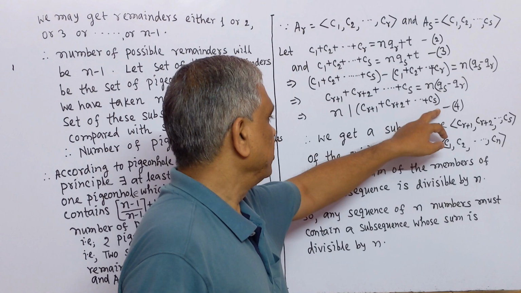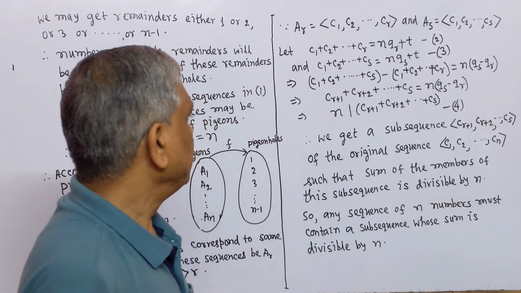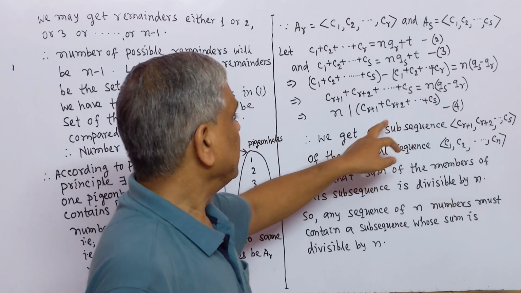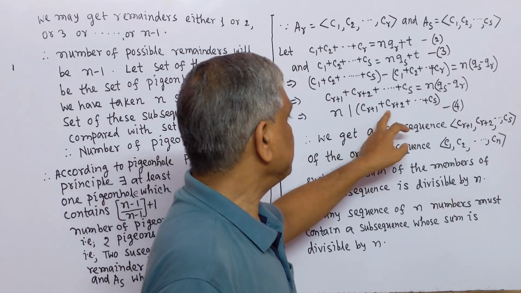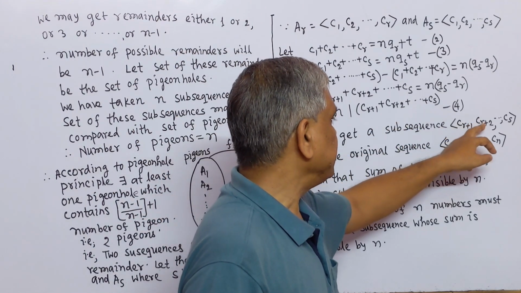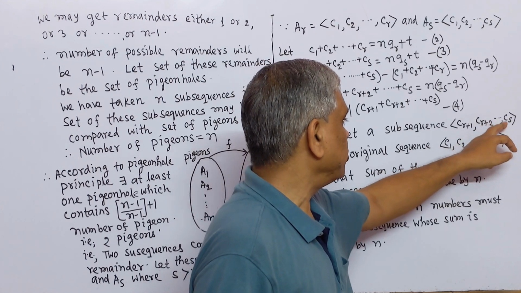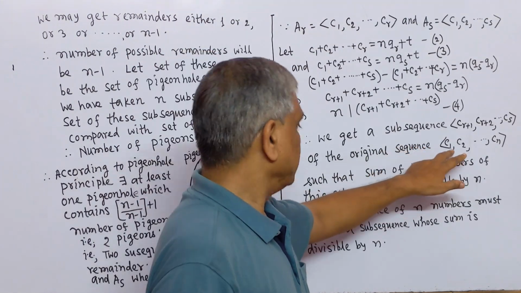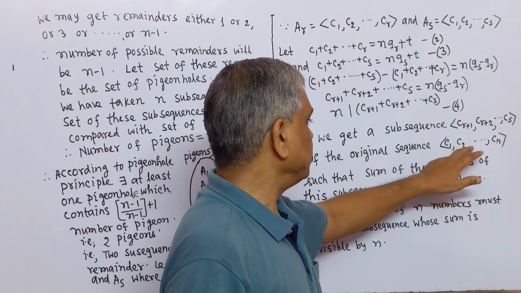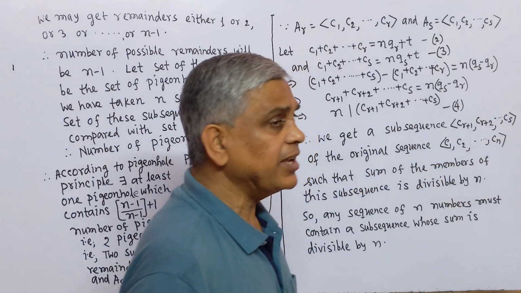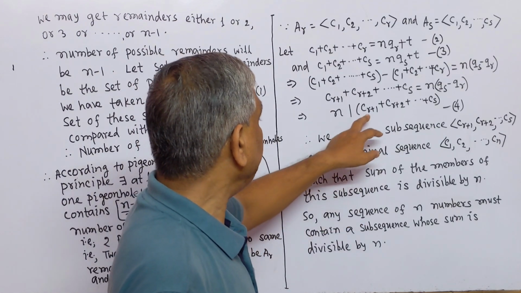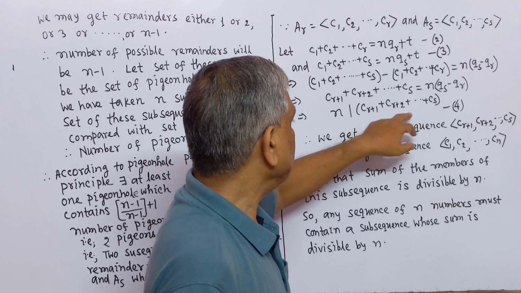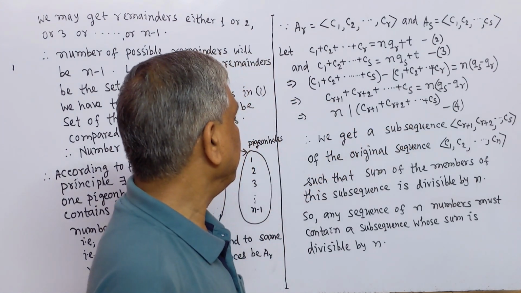Let this be number 4. Therefore, we get a subsequence containing elements CR+1, CR+2, ..., CS of the original sequence containing elements C1, C2, ..., Cn, such that the sum of the members of the subsequence is divisible by n.